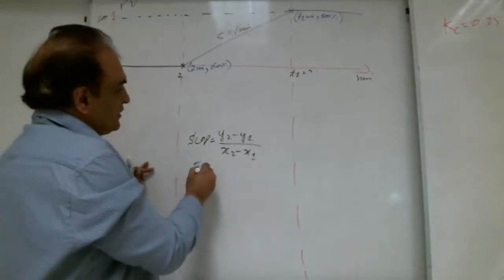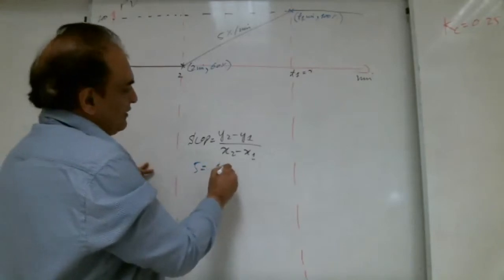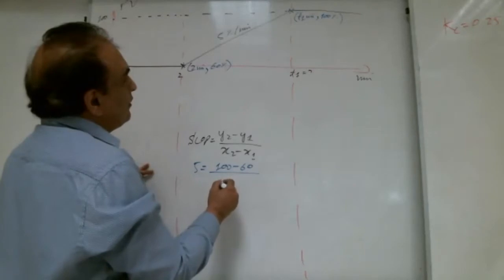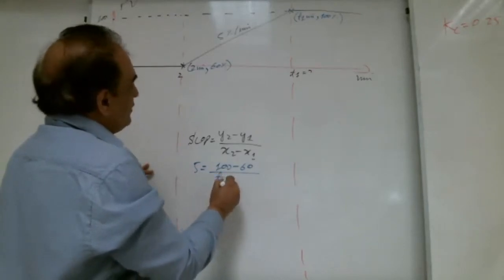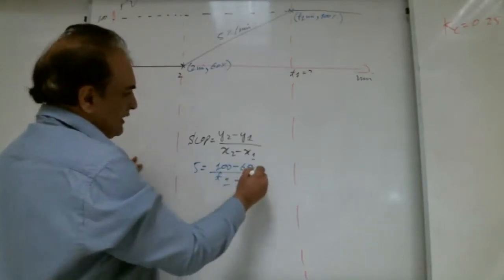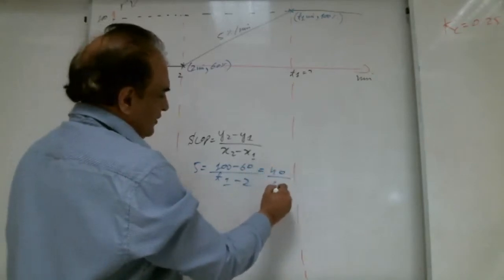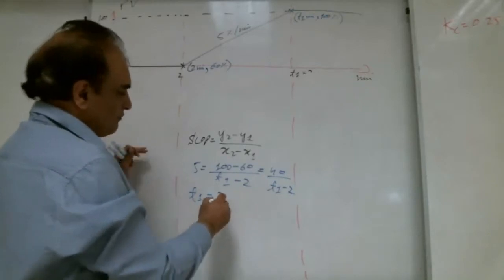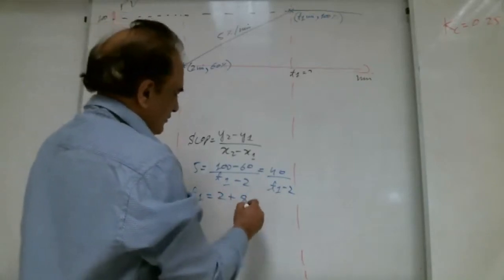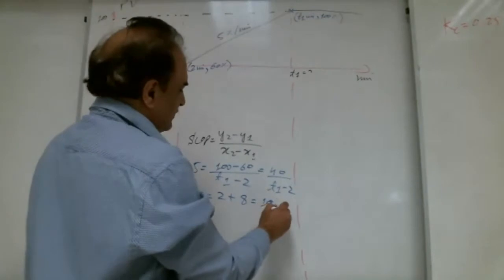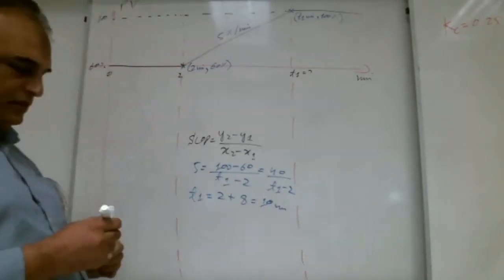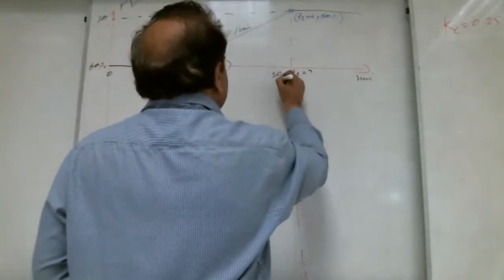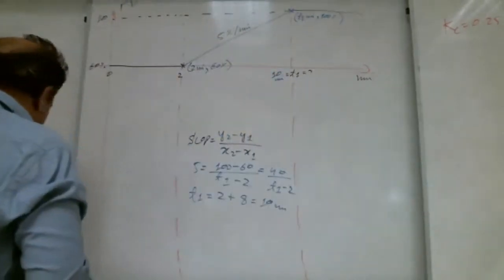Very good. 5 is equal to y2 minus y1, 100 minus 60, over x2 minus x1, T1 minus 2. So that is equal to 40 over T1 minus 2. So T1 is equal to 2 plus 8, 10 minutes. Everybody with me, Shabab?